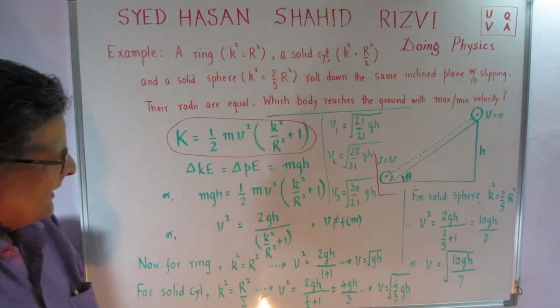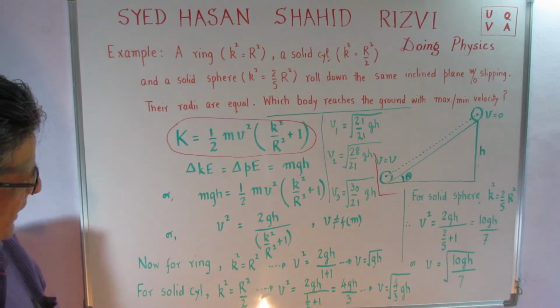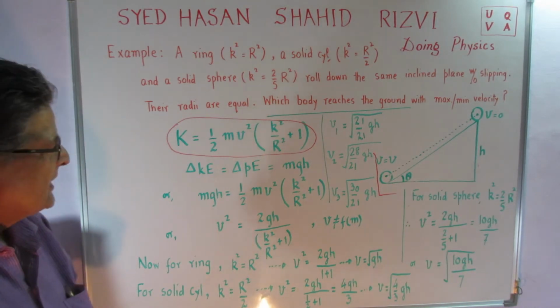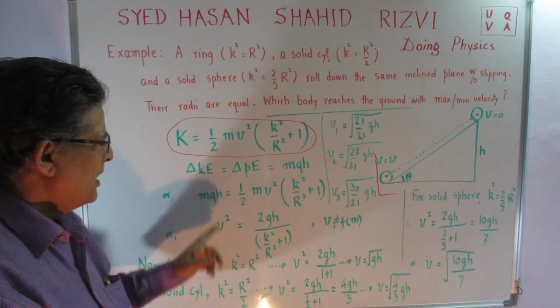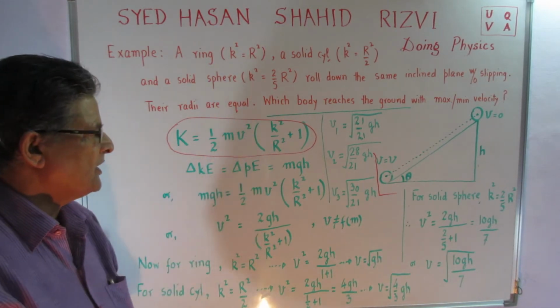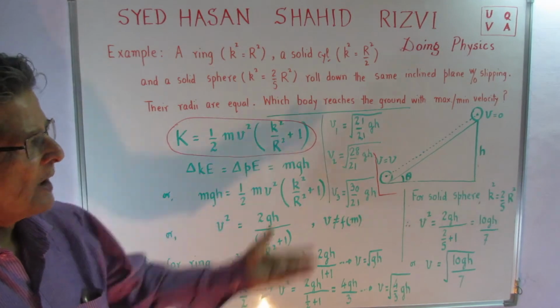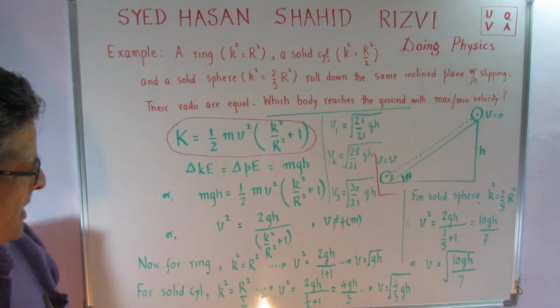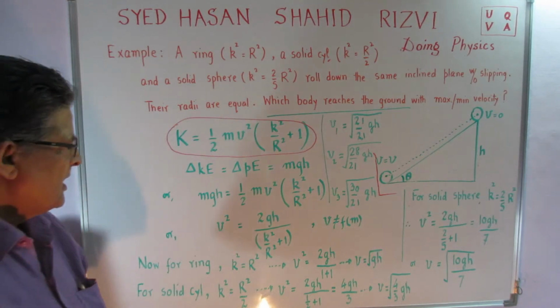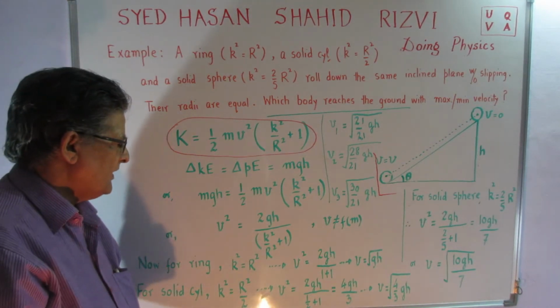Then the second thing that we are going to use is that the change in the kinetic energy is equal to the change in the potential energy, which is mgh. m is the mass and g is the acceleration due to gravity.